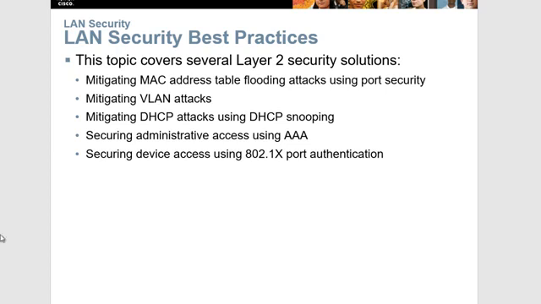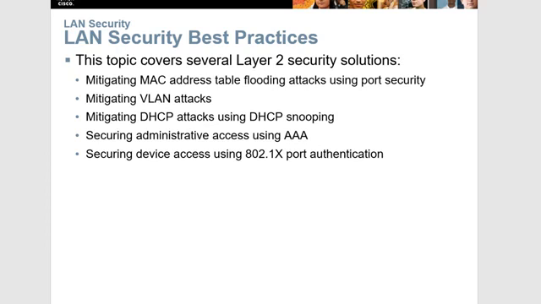Cisco devices are going to require some form of authentication to gain administrative access. And this AAA, authentication, authorization, and accounting framework, is used to help secure device access. AAA authentication can be used to authenticate users for administrative access, or it can be used to authenticate users for remote network access.